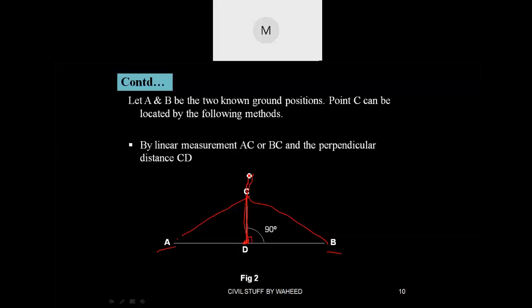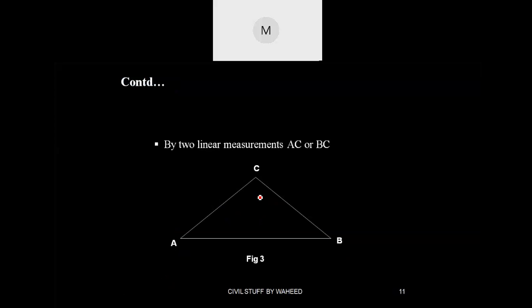Now, up to which point do I want to fix it? I want to continue up to where the AC distance and BC distance meet. How? By taking the length, you fix the compass and draw an arc from B. Some particular point, you will know the distance. Up to that, you fix the point. AC and BC are linear measurements.